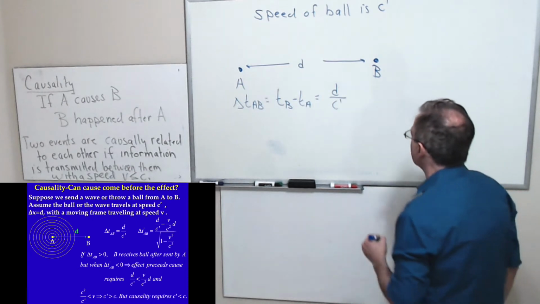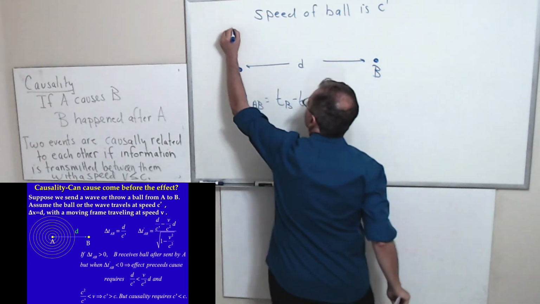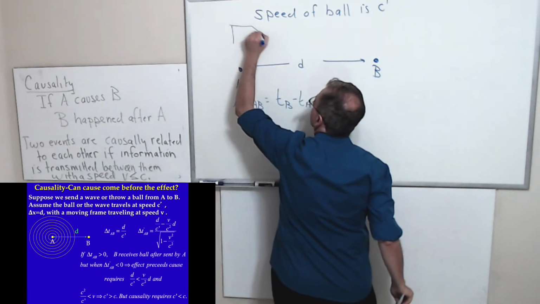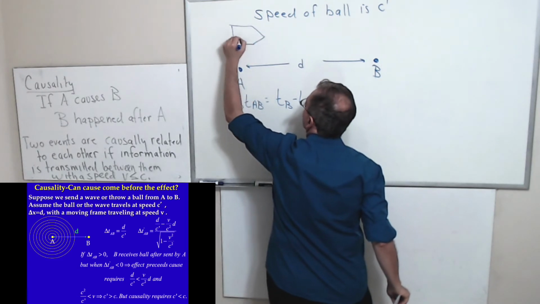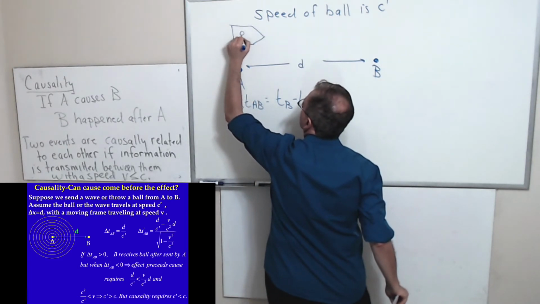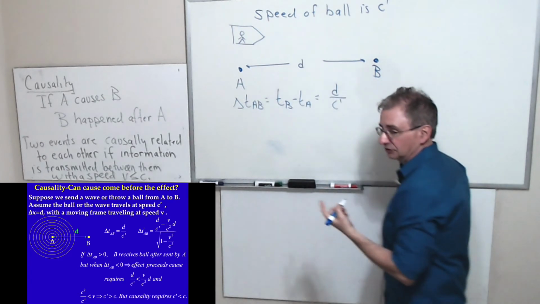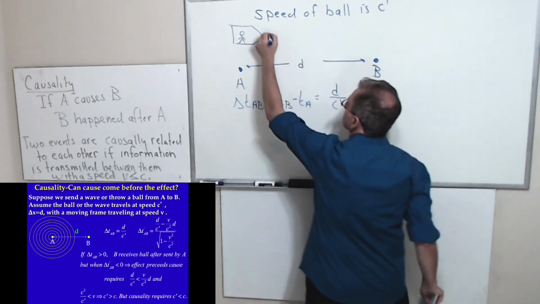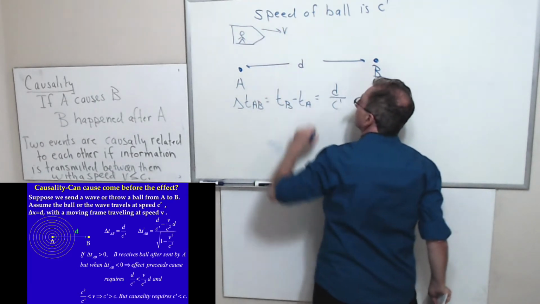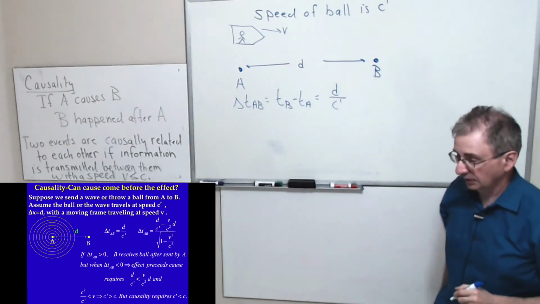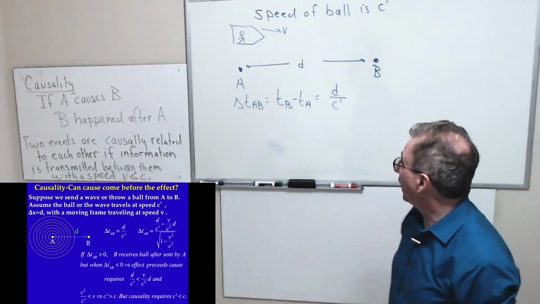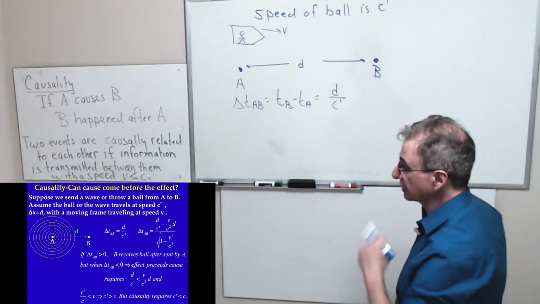So let's say we have a rocket with an observer on it checking out the events, and the rocket's going with speed v to the right. What time interval does the person in the rocket observe?